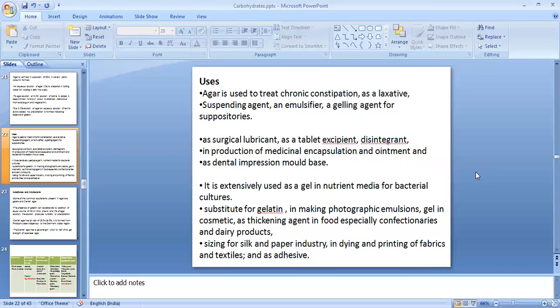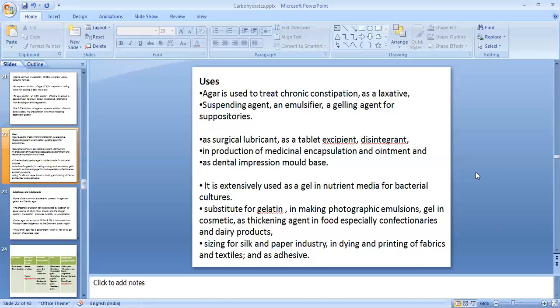As a pharmaceutical aid, it is used as a suspending agent, as an emulsifier, and as a gelling agent for suppositories. You know what we mean by suspending agent and emulsifying agent? And it is also used as a surgical lubricant and as an excipient in tablet manufacture, also used as a disintegrating agent.